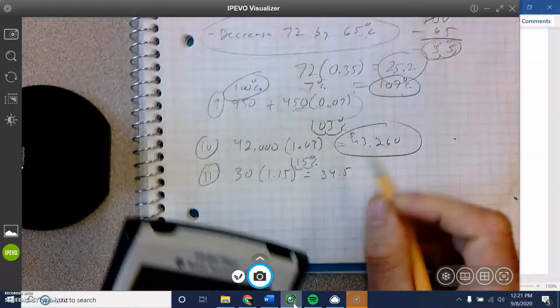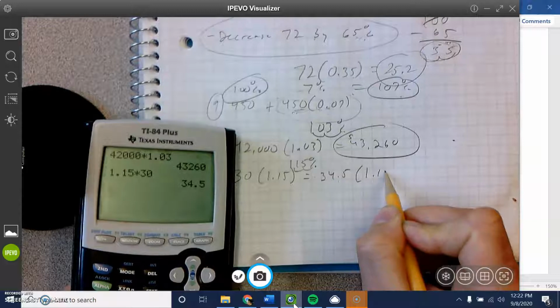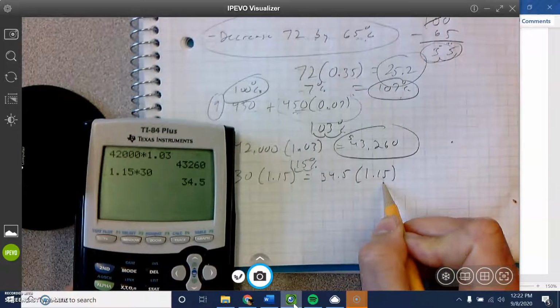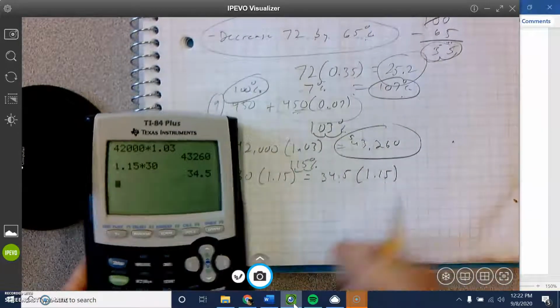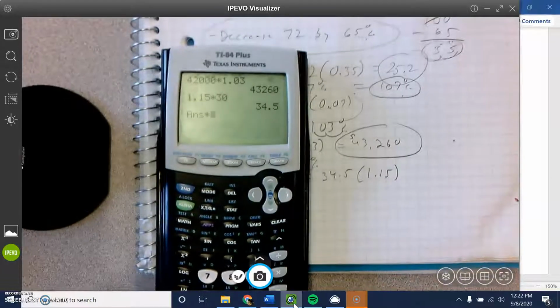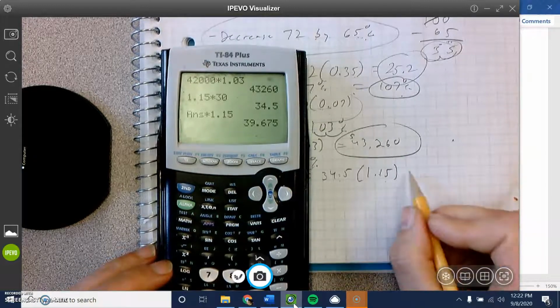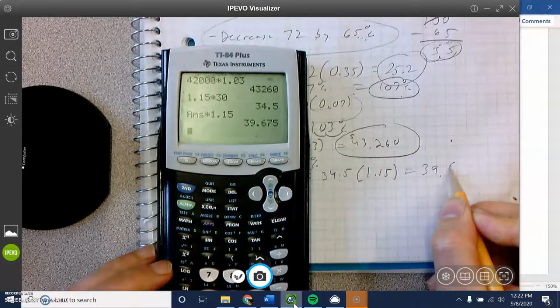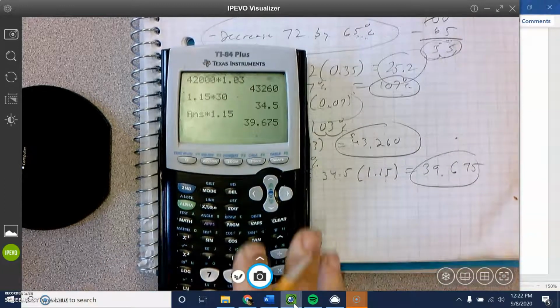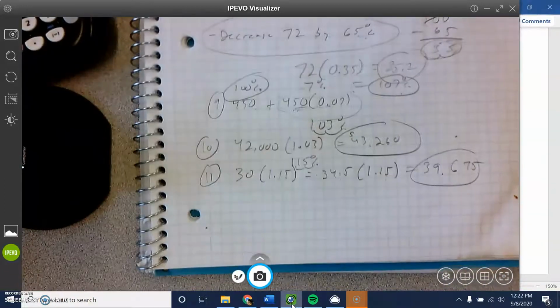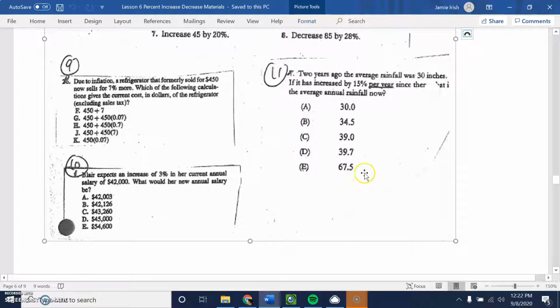This is 1 year. Now you need 2 years, so I'm going to increase that by 15%. So 115% of this. And I get 39.675, which would be, let's see the answer, 39.675 would be D. B is obviously a common mistake. So D is the correct answer there. Great job, everybody. Keep going.